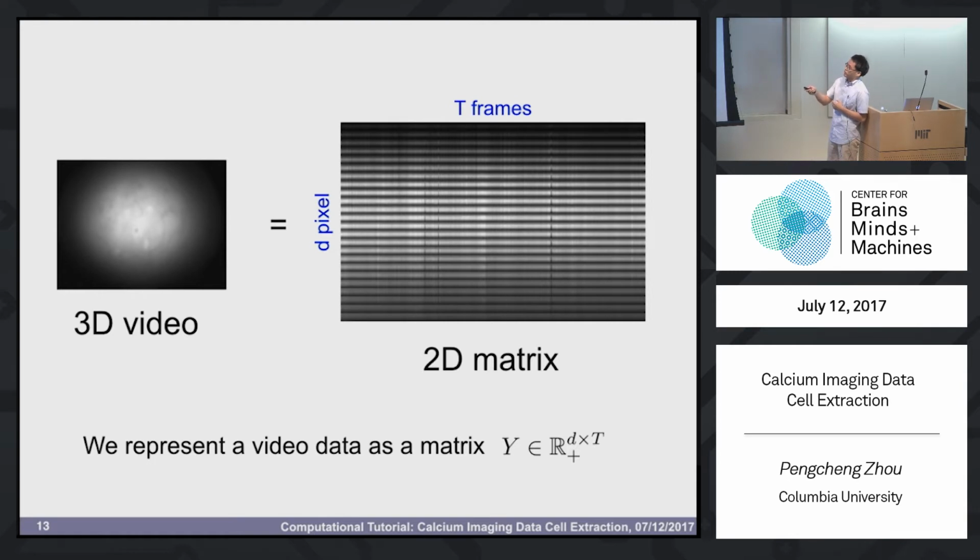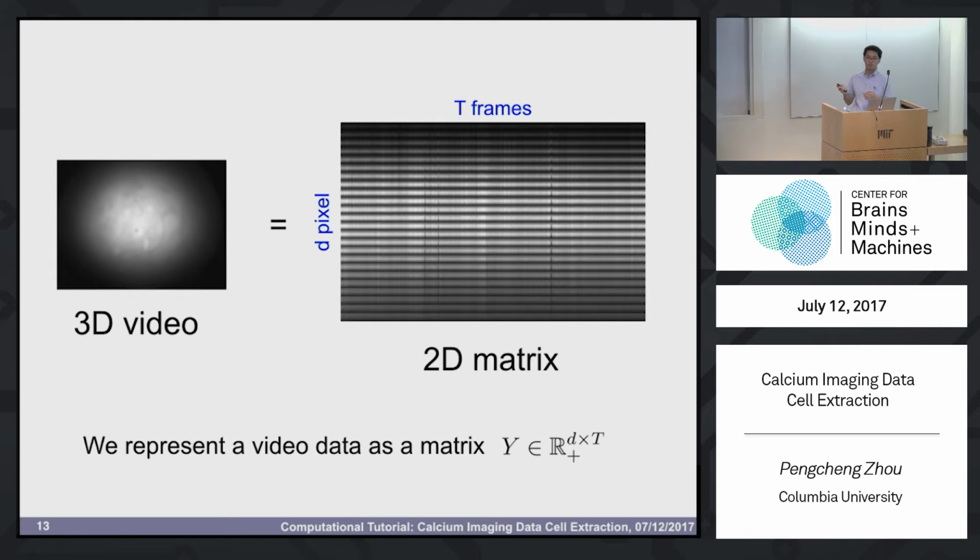For each frame, which is an image, we convert this image into a vector, and the number of elements of this vector is the number of pixels. For video data with T frames, we have T vectors, and when we put them together, it's a very big matrix. The dimension of this matrix is D by T. D is the number of pixels, T is the number of frames. This is how we represent video data in the matrix factorization approach.